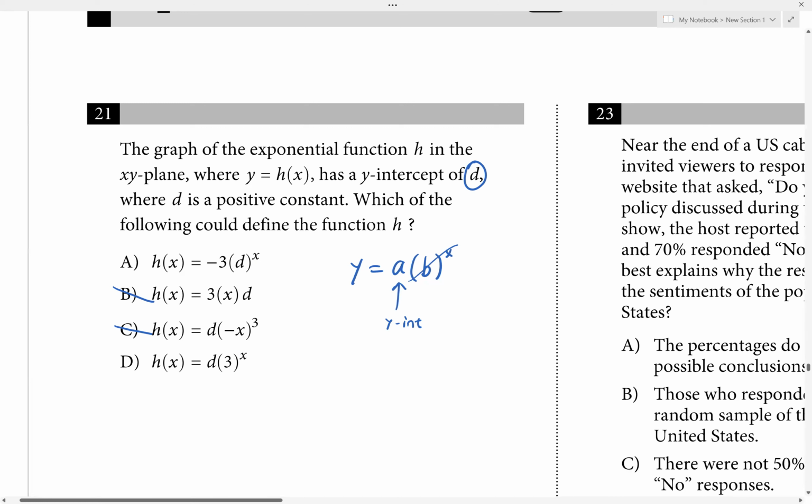What we get left is the a value in front. So when x equals 0, that's the y-intercept. You can just know the y-intercept is always the number in front. So that should be where the d is.